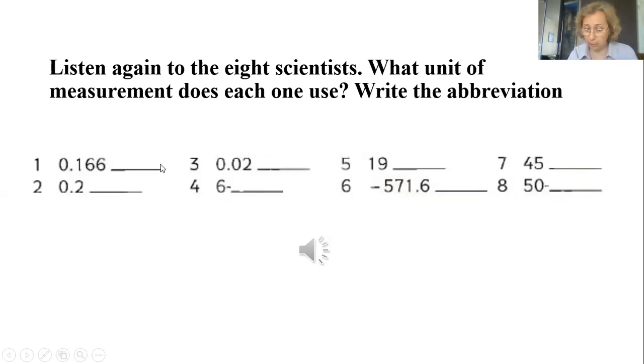You have the notes about the numbers on the first slide. And now let us listen and write the unit of measurement. In which units was all of this? Do you see? Are you ready? Okay. Let us listen.